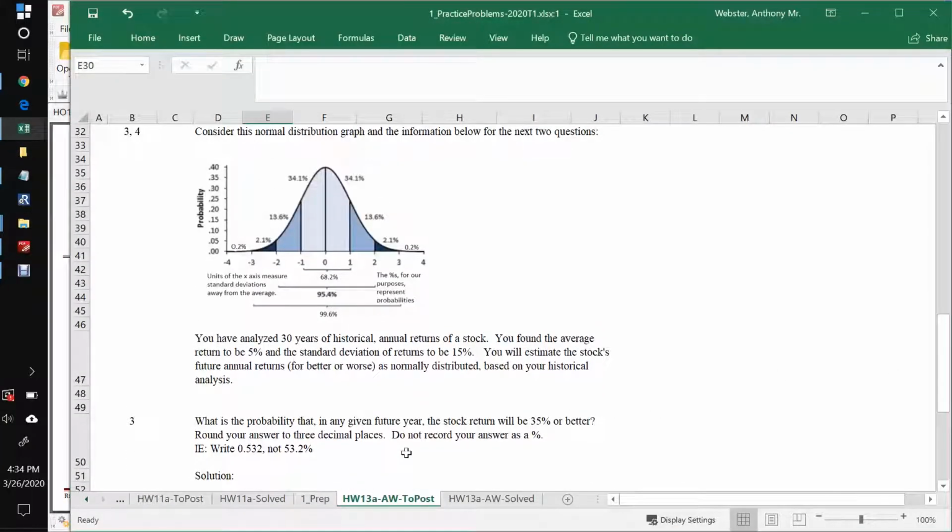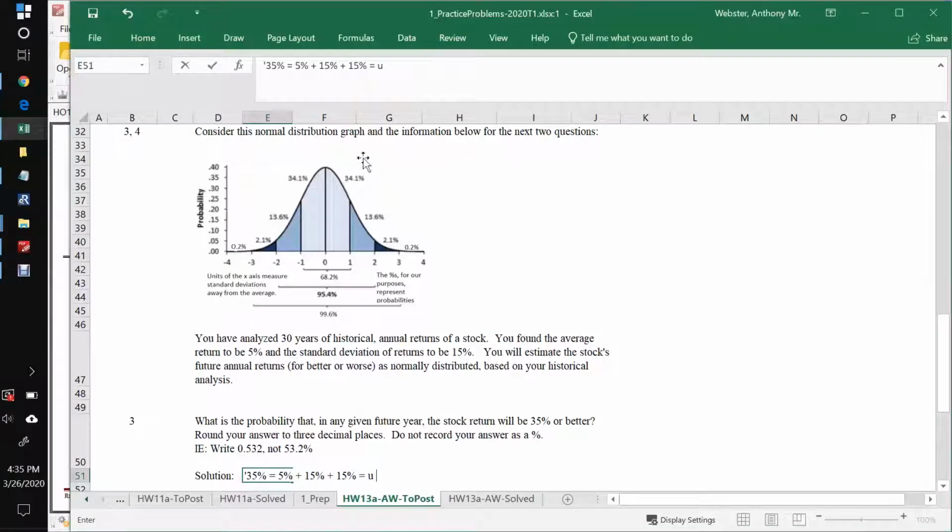What is the probability that in any given year the stock return will be 35% or better? 3 decimal places, do not answer as a percent. Okay, so in a case like this, we do need to be a little bit sneaky, and we need to notice that 35% is equal to what? It's equal to 5% plus 15% plus 15%, and 5% is our expected value.